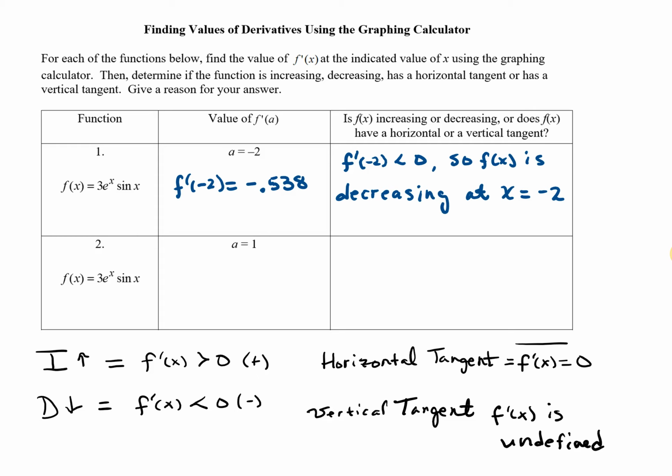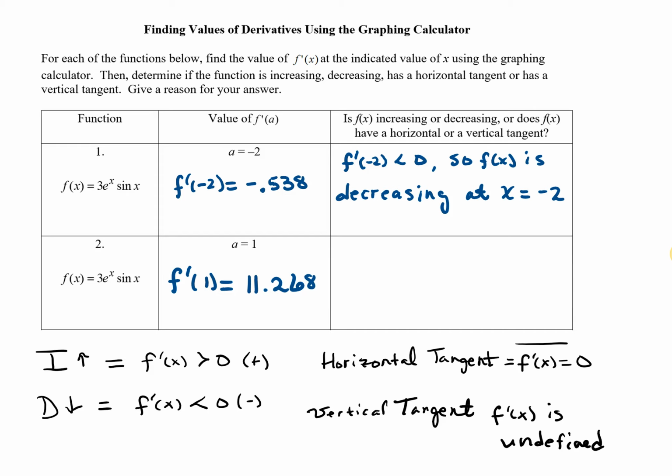Now let's look at the second one. Again, it's the same function, so be sure that you use the functions in the calculator, in this case second entry, to call up the same function, and basically all you have to do is change this number here from a negative 2, where it was before, to a 1. Not terribly difficult at that point. So now f prime of 1 on the calculator will give me 11.268.